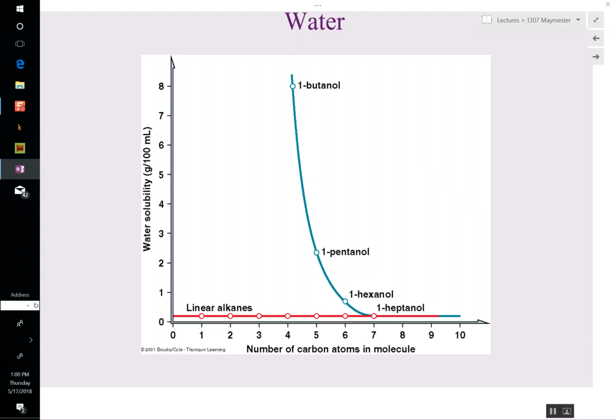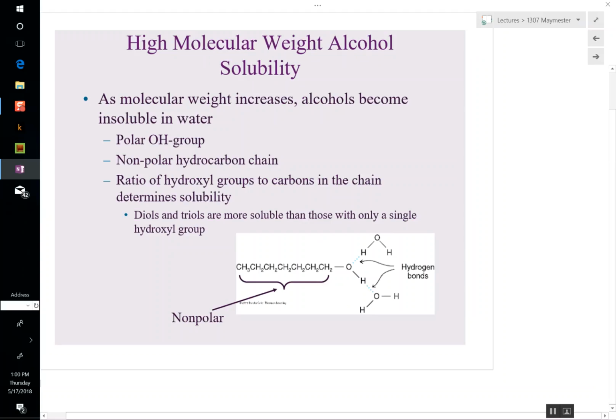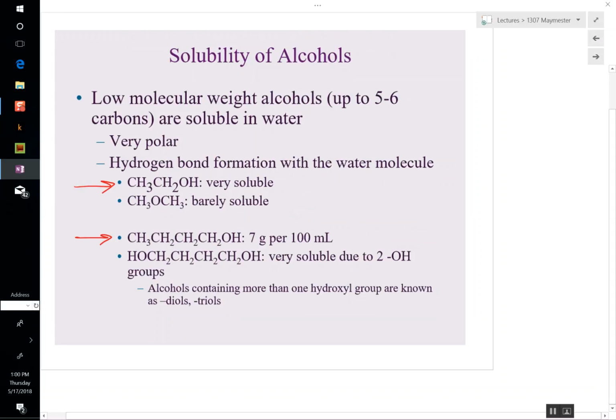Now, in the homework, you're going to have to understand one other thing. Let's look at right here. We got 1, 2, 3, 4 carbons and an OH, 7 grams per 100 milliliters. 1, 2, 3, 4 carbons. We have 2 OHs.